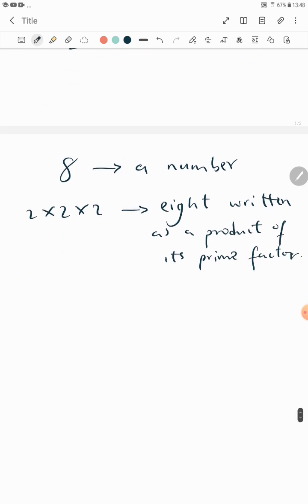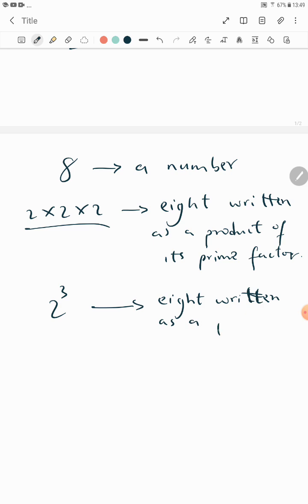Another way we can write this is that instead of writing 2 three times, we can simply write it as 2 raised to the power 3. So we'll say this is 8 written as a product of its prime factor in index form.